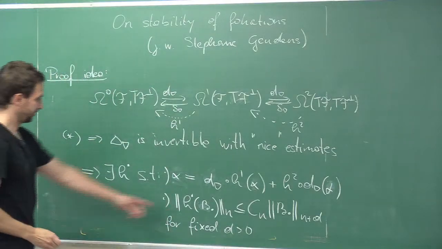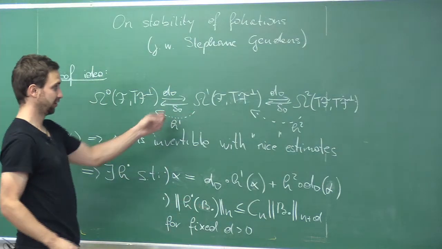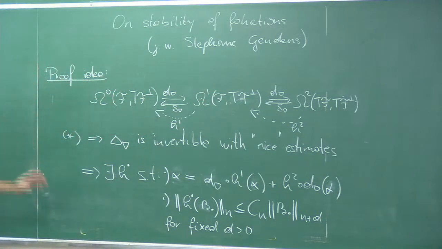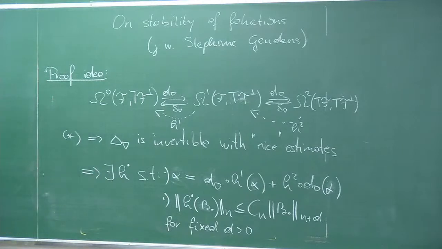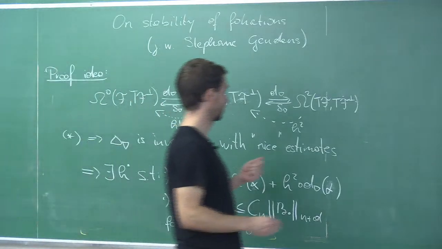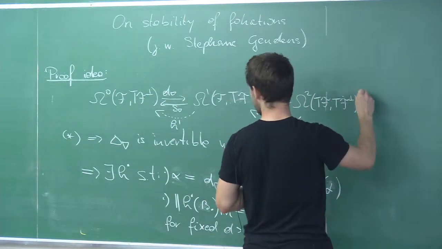Here the dot stands for 1, 2, depending on where they are defined, and this is what is called tame estimates. And so having these cochain homotopy operators which satisfy these estimates allows him to apply a Nash-Moser type argument to construct the diffeomorphism mapping the foliations to each other.